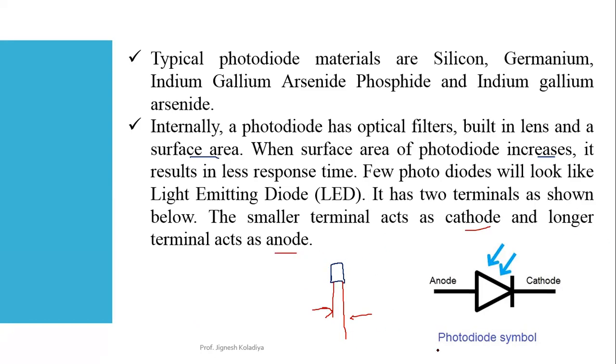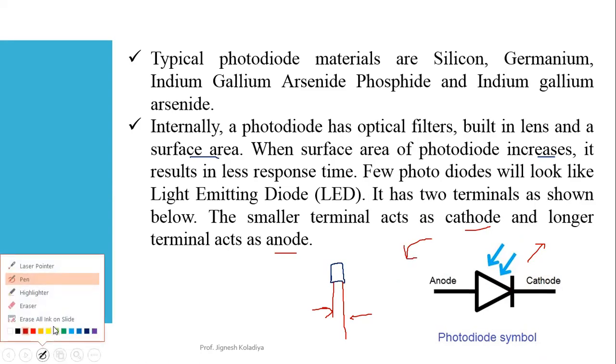So in a photodiode also it is the same. Now, in the symbolic representation of the LED, these two arrows point outward because the LED emits light. But in the photodiode, both are in inward direction. That shows that for the photodiode, you require the light source, or you have to apply the light on the diode so that it can operate.